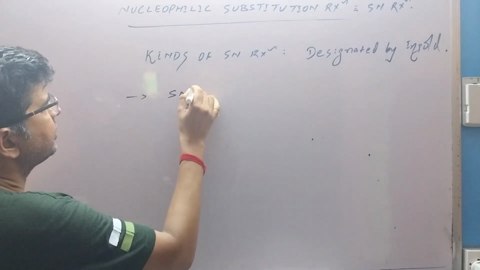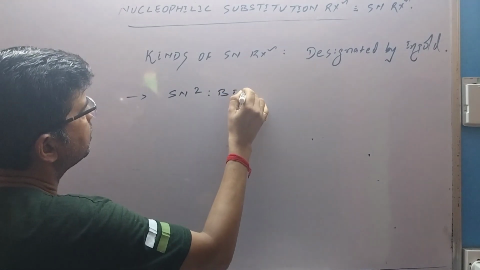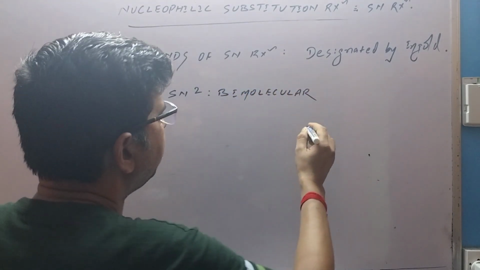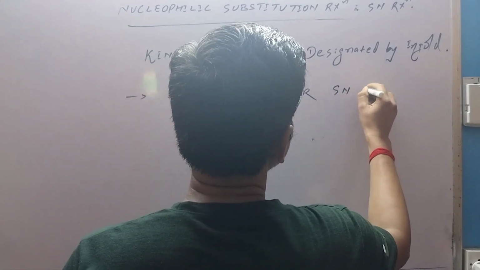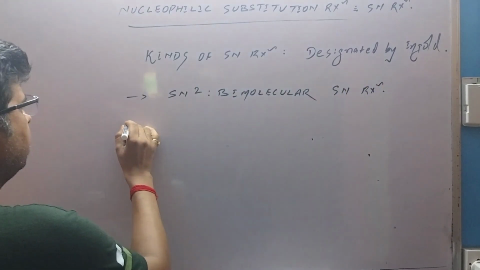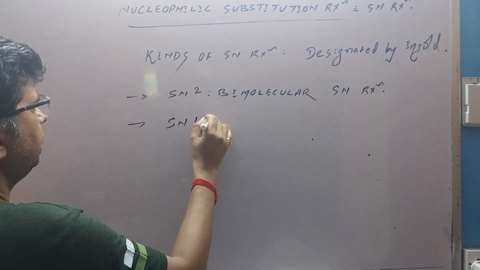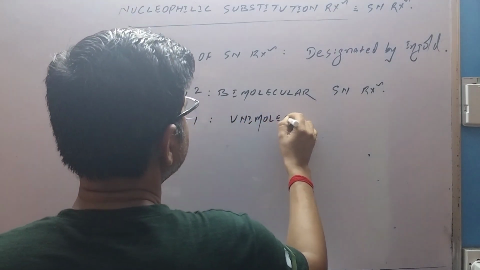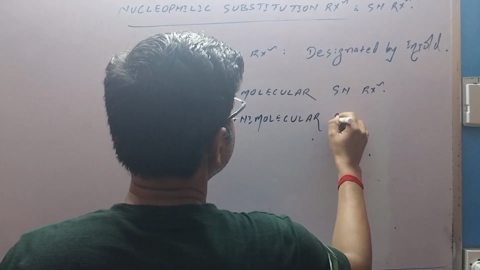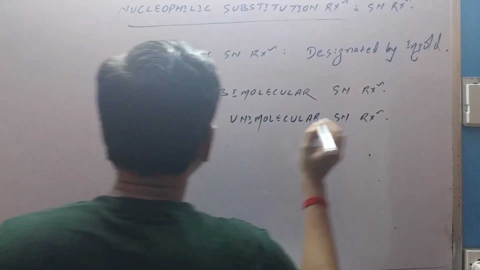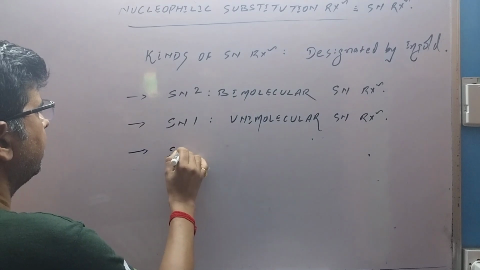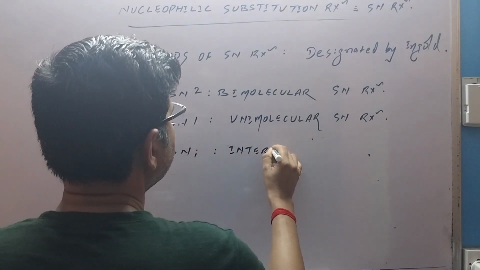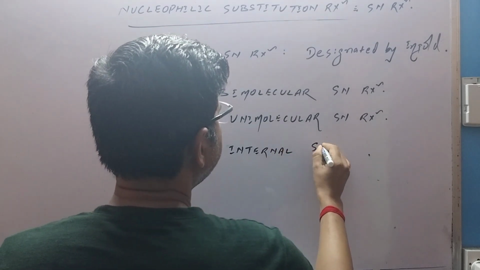First one is SN2, bimolecular nucleophilic substitution. Second one is SN1, unimolecular SN reaction. Third one is SNi, internal SN reaction.